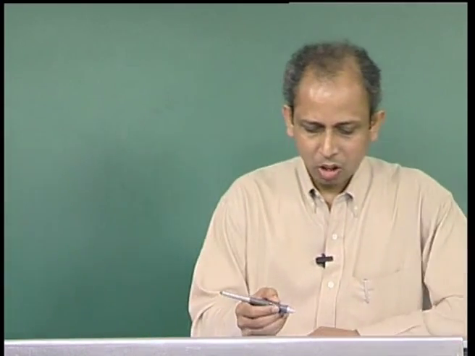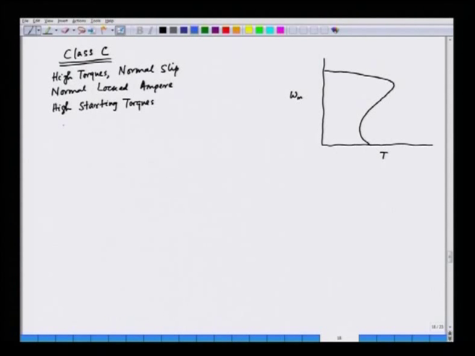So, we have double cage rotor construction or deep bar rotor construction.